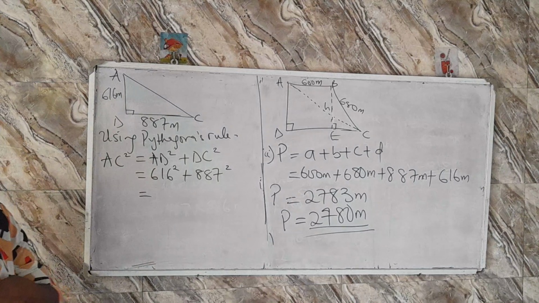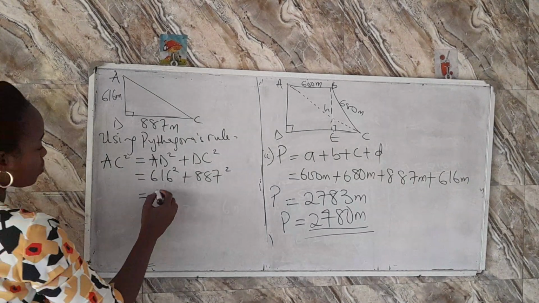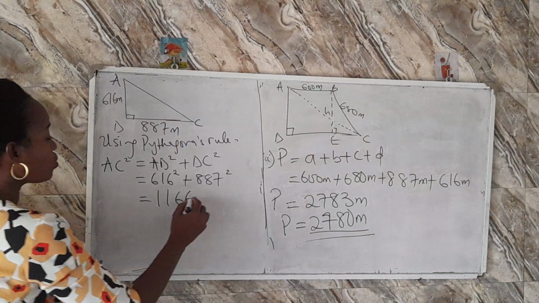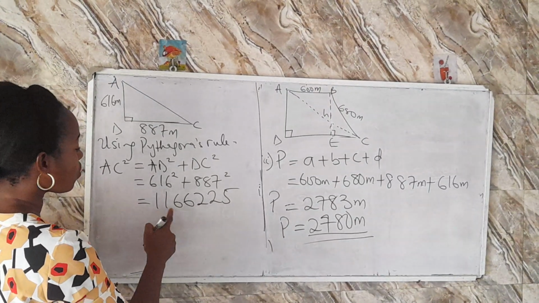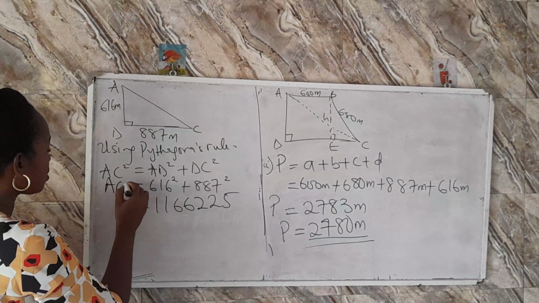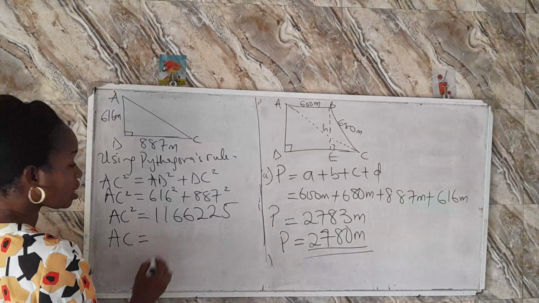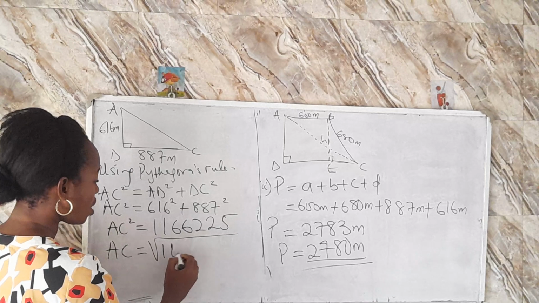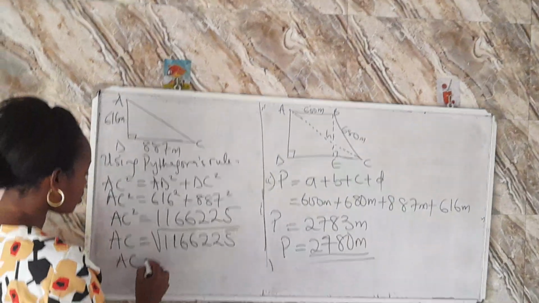When you square them and sum them, it will give you 1,166,225. Okay, that is for AC squared. But what is AC? AC will be the square root of this quantity, 1,166,225.